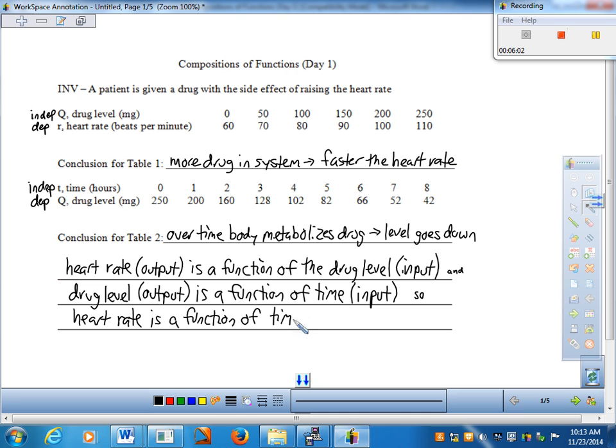So we're going to combine the first two together to create a third function right there. How does that look? And notice the situation at hand here. The drug level, which was the input of one function, is the output of another function. That's what connected these two quantities together. Heart rate, then, is a function of time.